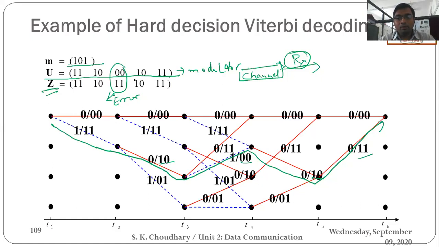So when you go for the error detection and error correction method, then you come to know that there is some error in the third position, and that we have to remove to retrieve the final message, that is 101. Our target is to recover or understand what message has actually been transmitted. Okay, and our original message is 101. So now for this purpose we have to use the Viterbi algorithm by using the same trellis diagram.